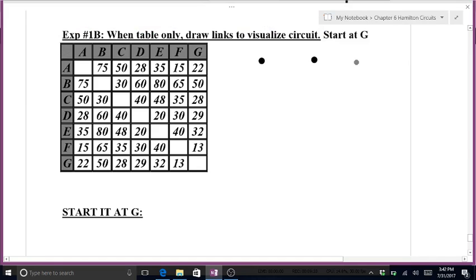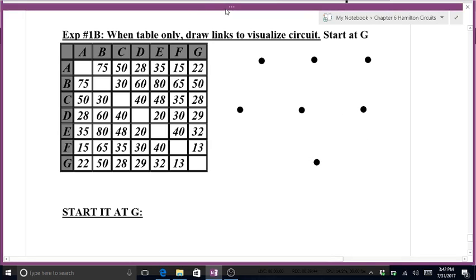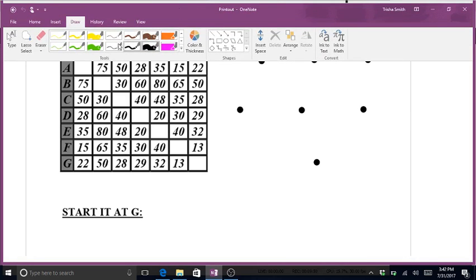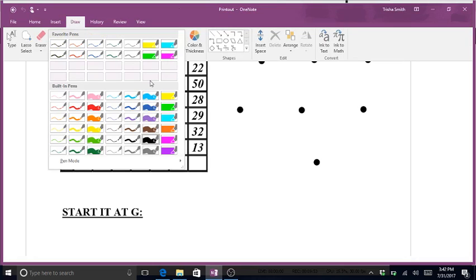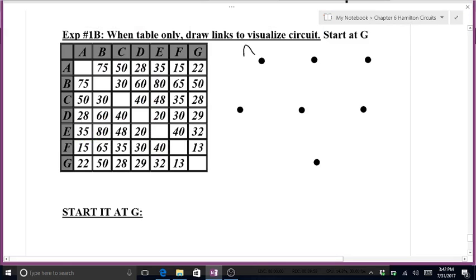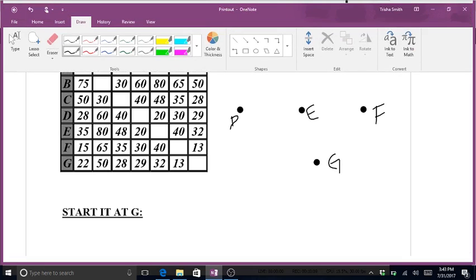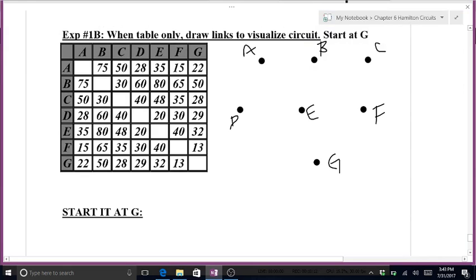A, B, C, D, E, F, G. All right, A, B, C, D, E, F, and G. Okay, I'm still going to use the highlighter because I think it's easier.